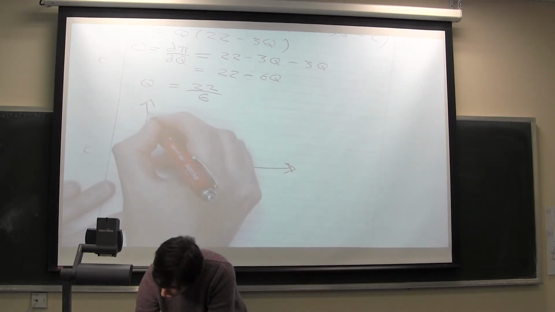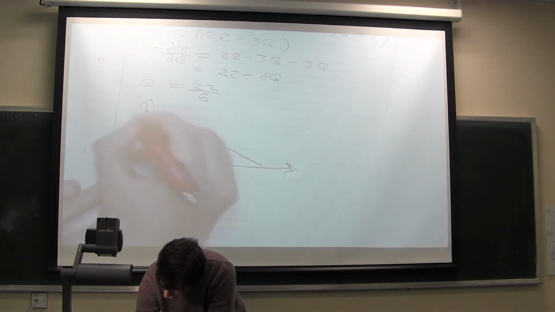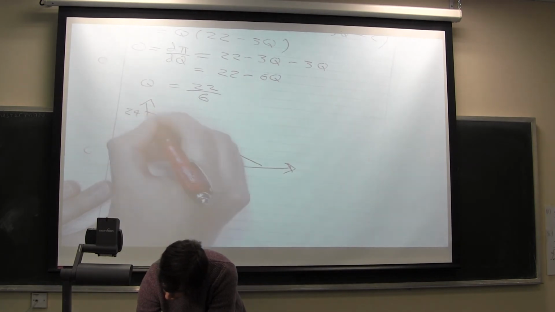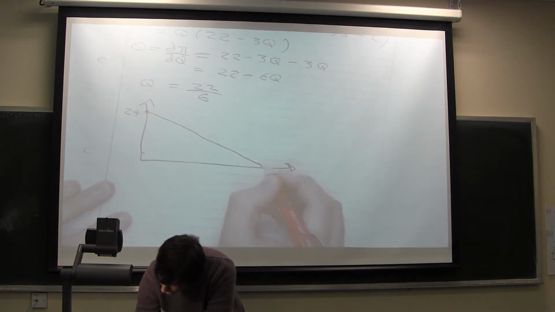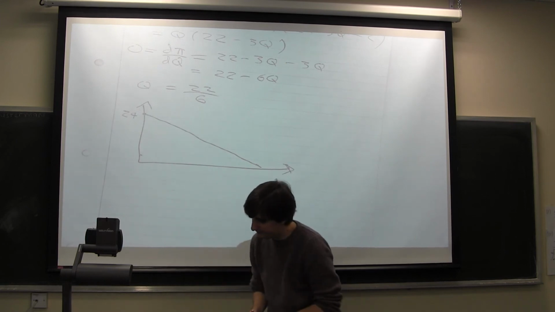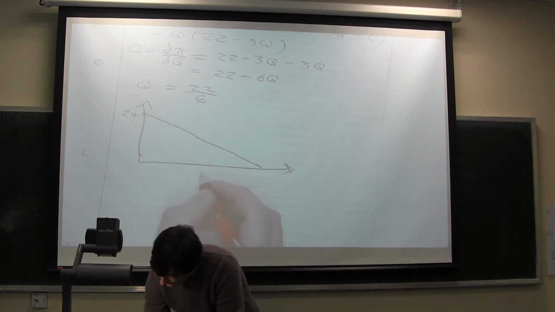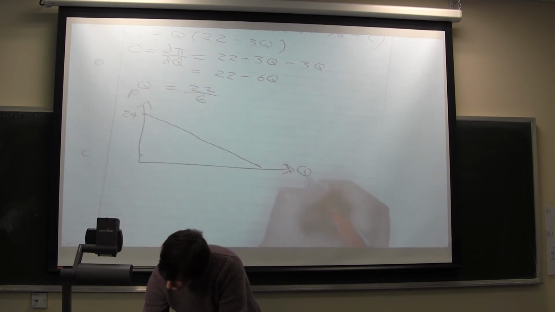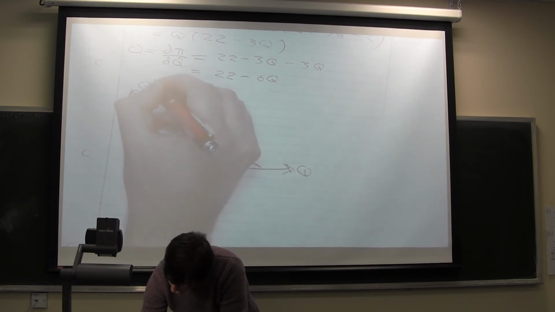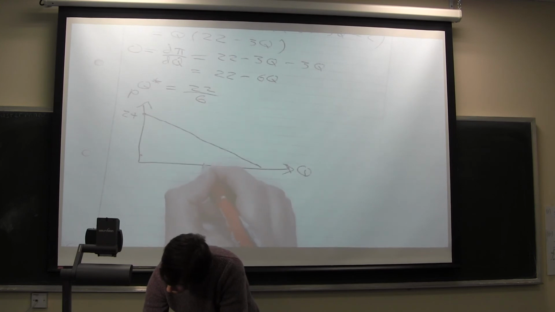So here's our demand curve. This is 24 at that point. This is price and this is quantity, right? So the optimal Q is 22 over 6.